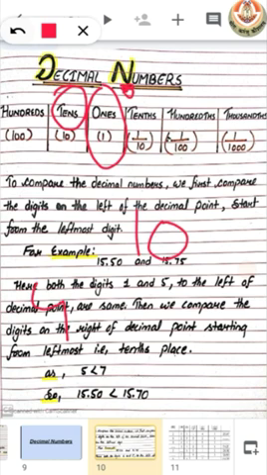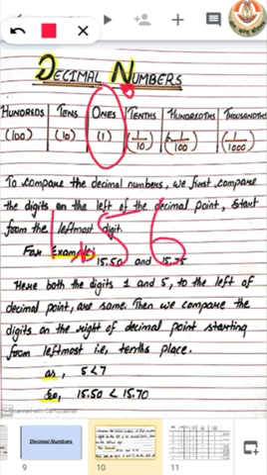But for a number after the decimal, the place value is called tenths, meaning 1 upon 10. For example, in 1.56, the place value of 5 is called 5 upon 10, meaning 5 multiplied by 1 upon 10.